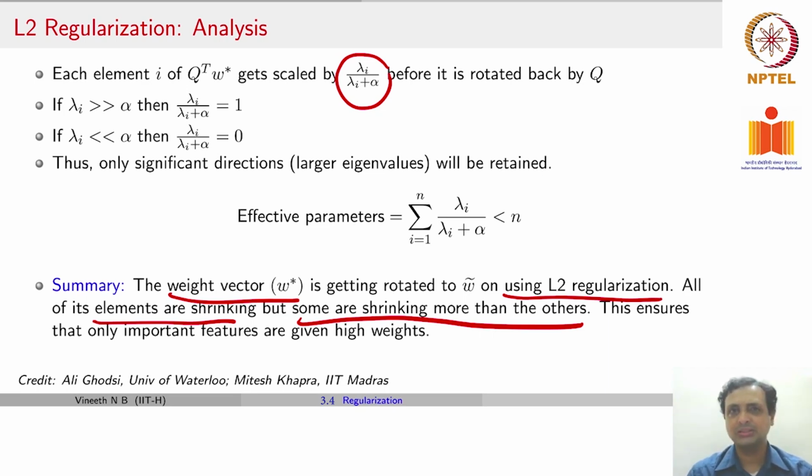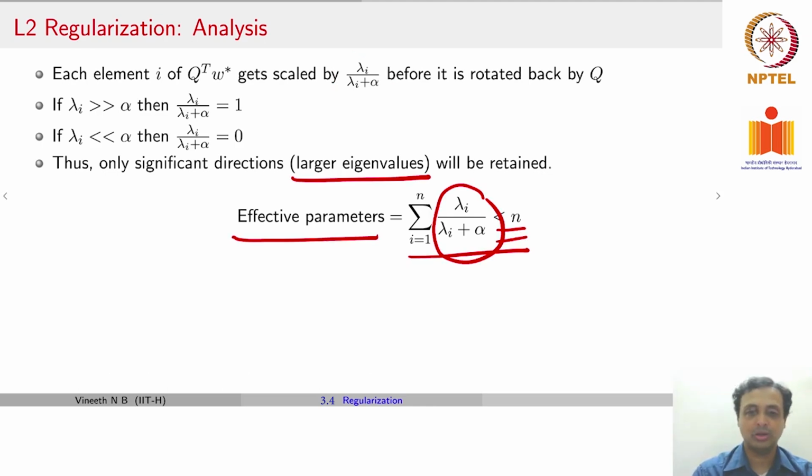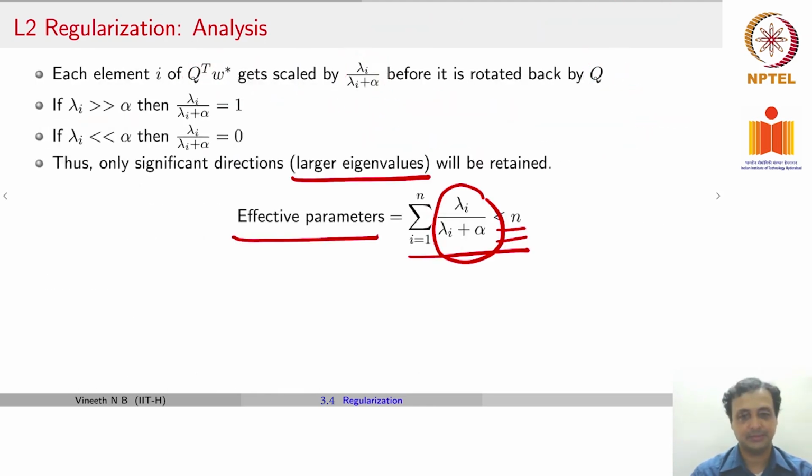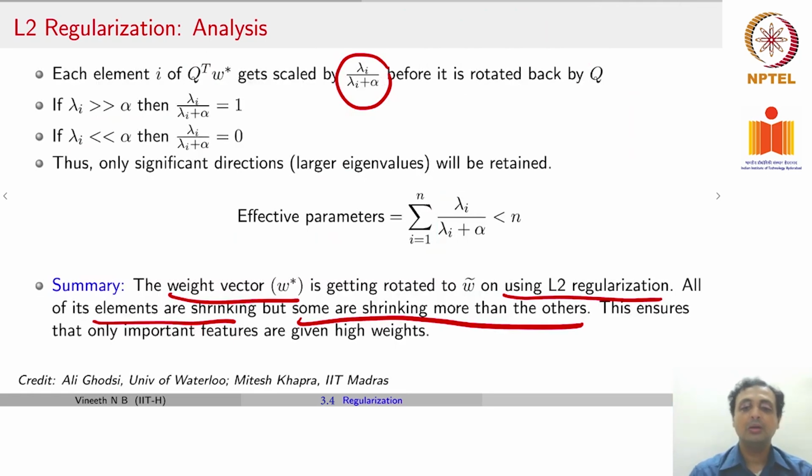And what are those eigenvalues? Eigenvalues of H, the Hessian. Remember, that's how we wrote it a couple of slides back. This ensures that only important features get high weights and other features may not get high weights. That's one way of understanding L2 weight decay.